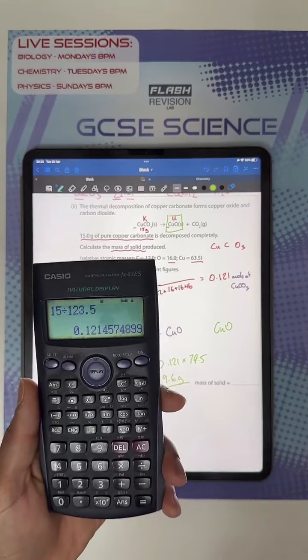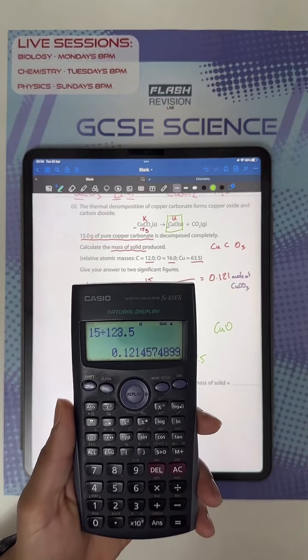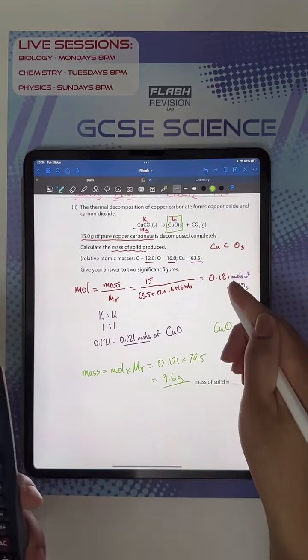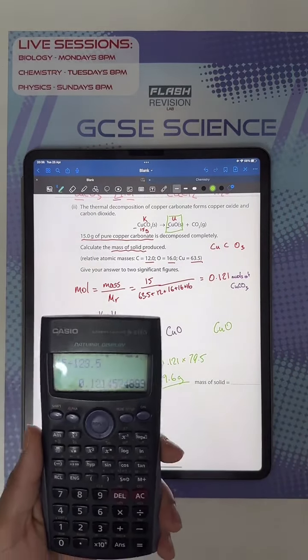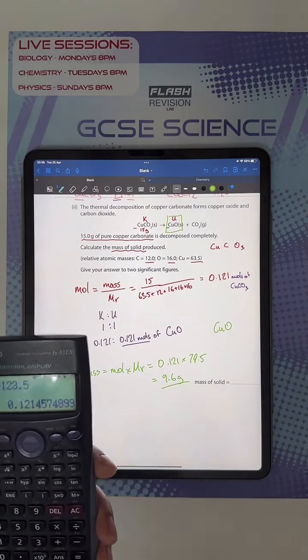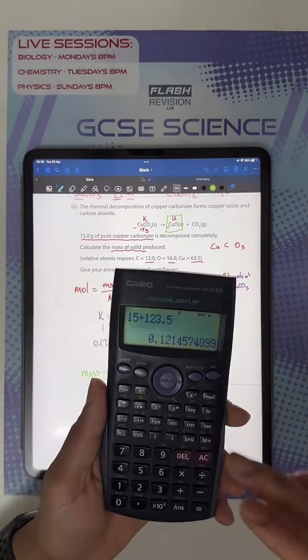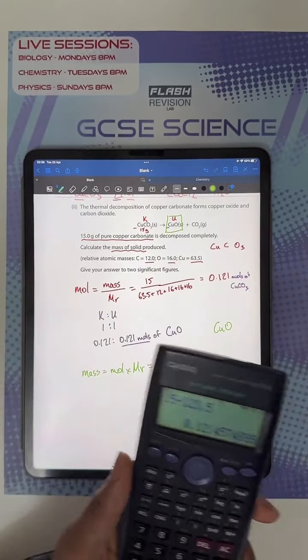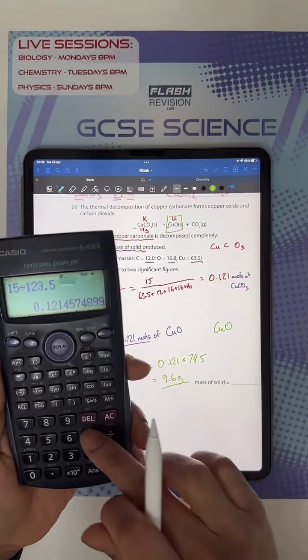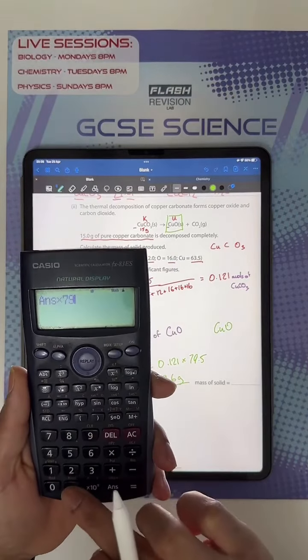So what I tell people is keep this number in your calculator and carry on using it in the next step. So don't round it too early. If you round it too early, you're going to lose a bit of accuracy in your final answer. So you do this, then you times this number by 79.5.